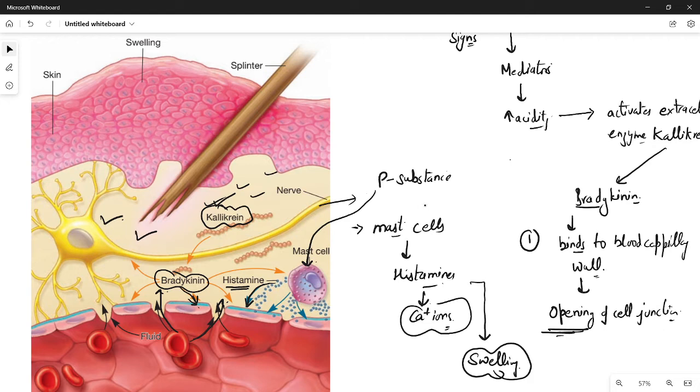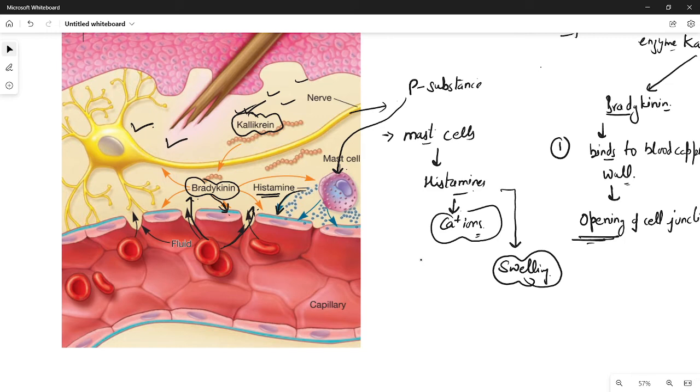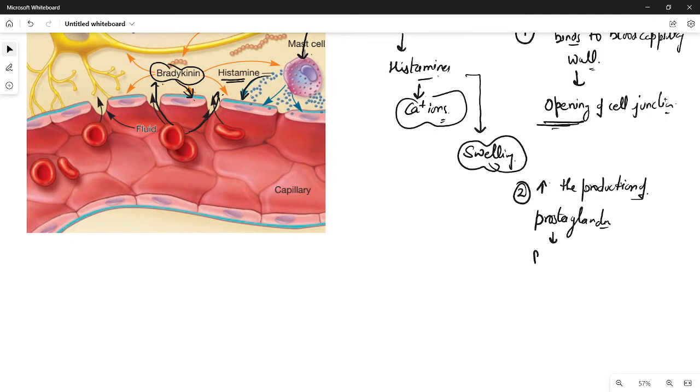Bradykinin also binds to the nearby capillary cells and enhances the production of prostaglandins, releasing prostaglandin PGE2 and PGF2 alpha.